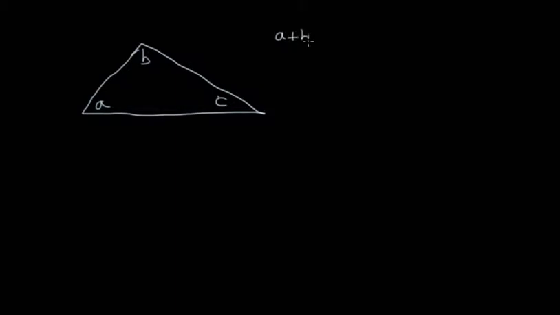Which brings us on nicely to, I'm just going to draw a random triangle with angle A, angle B and angle C. And we know that A add B add C equals 180 degrees.